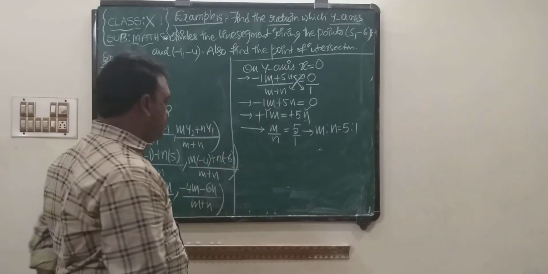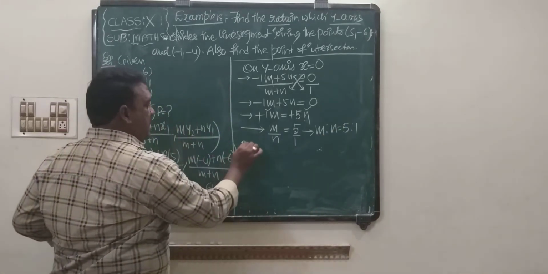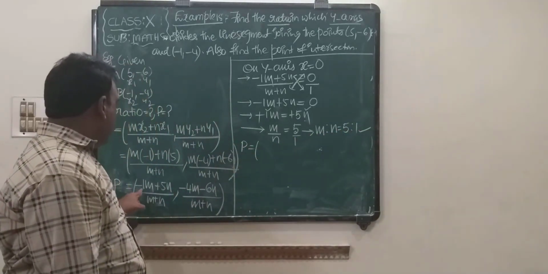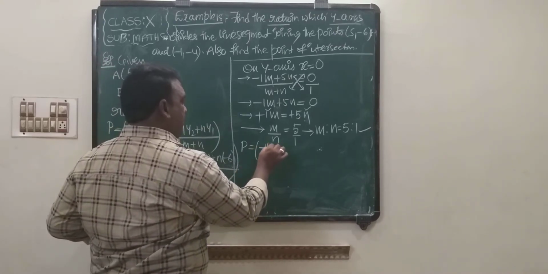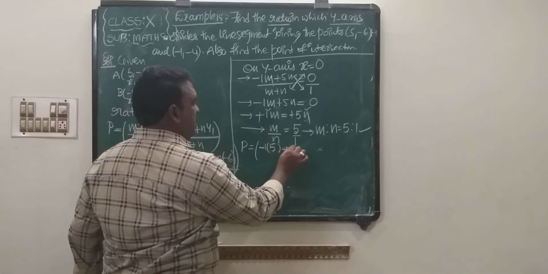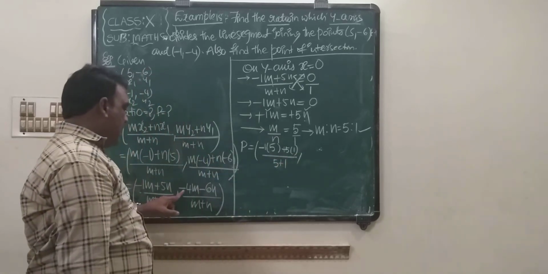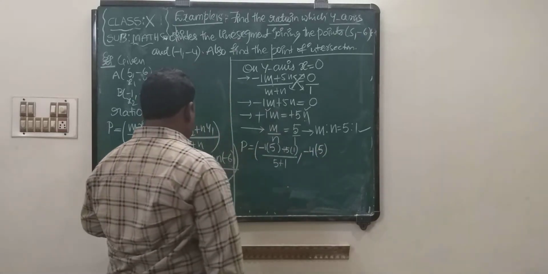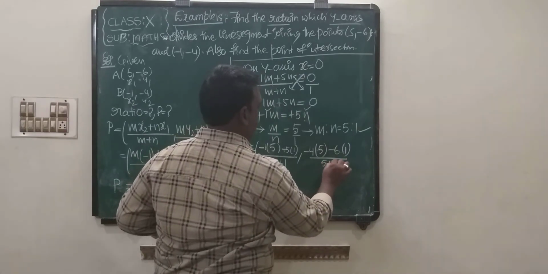Divided by means ratio. Then substitute here, this is m, this is n. P equal to, so first part completed, 5 is to 1. Second part, substitute: minus 1 into m means 5, plus 5 into n means 1, by 5 plus 1. Again minus 4 into m means 5, minus 6 into n means 1, by 5 plus 1.